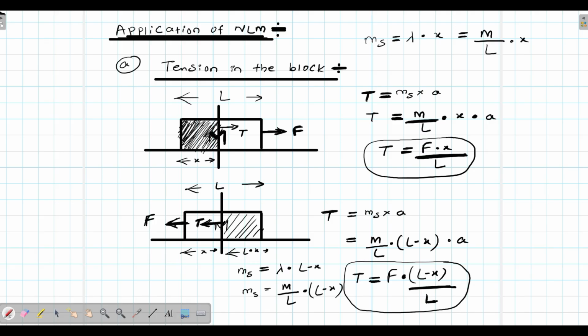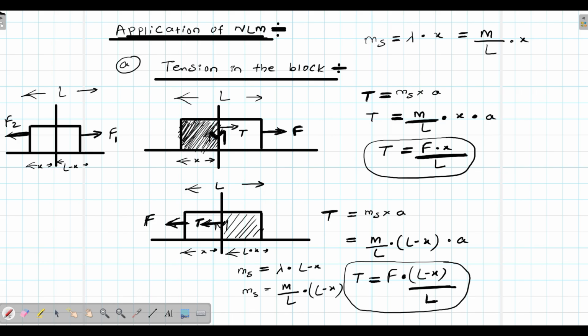So when force is there on both sides, this is F1, this is F2. This length is L, this is x, this is L minus x.